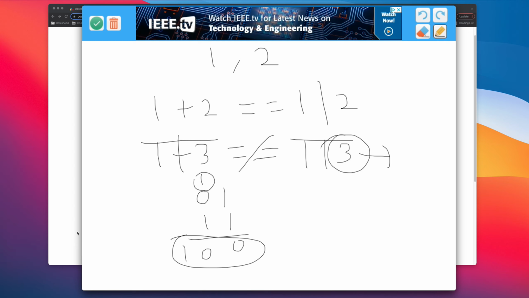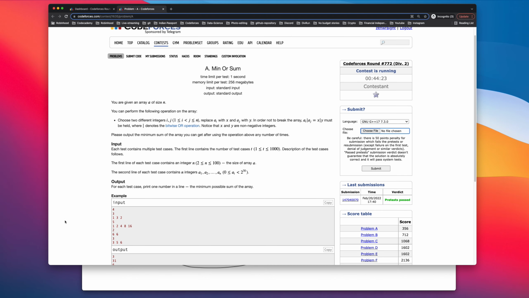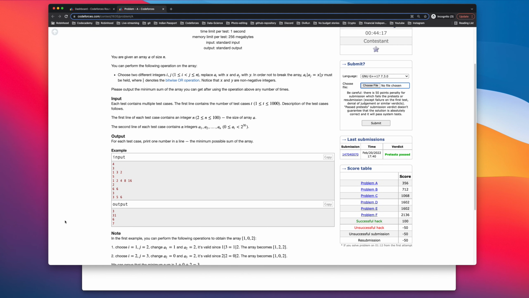But no matter what we do, the maximum we can reduce any two integers of the array would be unsetting one bit here and there. At the end of the day, if you take the OR of all the numbers in the array, that is going to be the lowest possible answer that we can reach, because we don't care about how many operations we apply, but we want to know the reduced value.